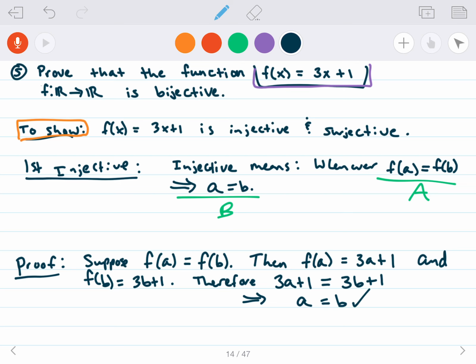And that's perfect. That's what we were trying to show. Oh my gosh, was that thunder? Okay, so thus f is injective. So we've done that. Excellent.